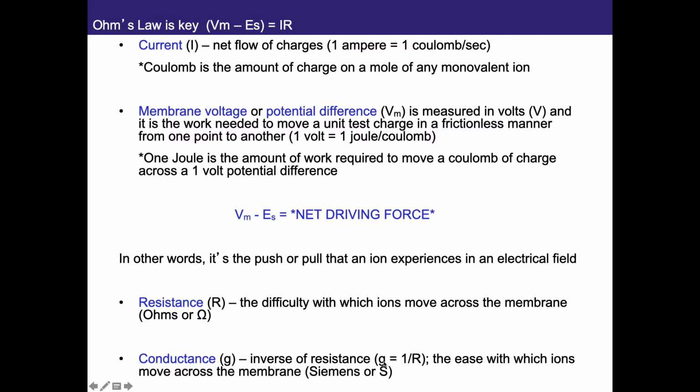Conductance, depicted by the g, is equal to 1 over R. It's the inverse of resistance. It's the ease with which ions move across the membrane. If it's very easy for ions to move across the membrane, we say it has a very high conductance or low resistance. Does that make sense to everyone?